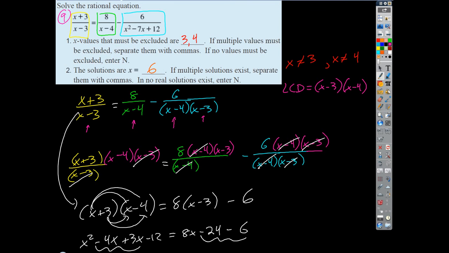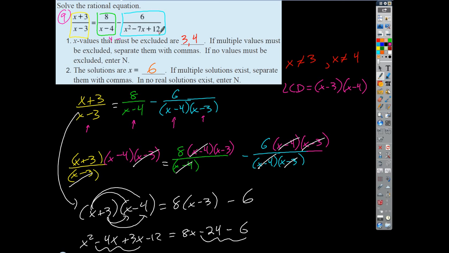If we plug in 6 up here, we're going to get 8 over 6 minus 4 is 8 over 2. Well, that's 4 minus, and then here we get 6 over, what's the denominator going to be? Well, 6 squared is 36 minus 42 would be negative 6 plus 12 is 6, right?